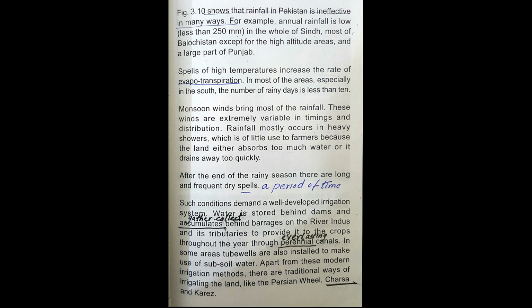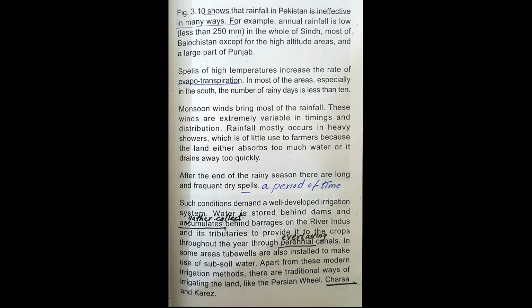Water is stored behind dams and collected behind barrages on the River Indus and its tributaries to provide it to the crops throughout the year through perennial canals. Perennial means everlasting, forever running.